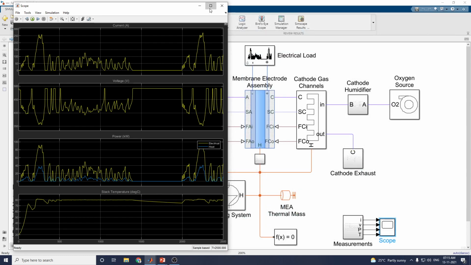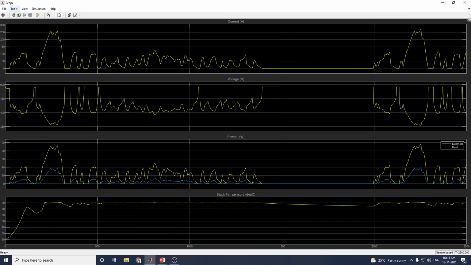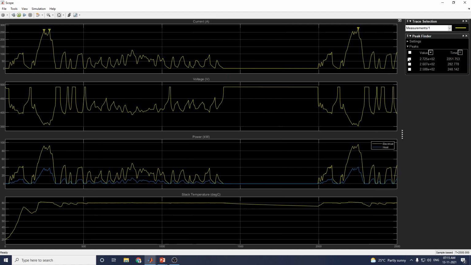Similarly, for the fuel cell current, voltage and power characteristic and the stack temperature, this is for the measurement block, the peak finder, and this is for measurement 2. Then the next one is the heat trace selection, and the next one is the electrical.